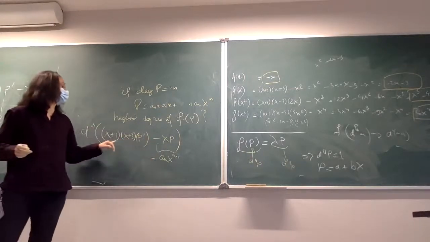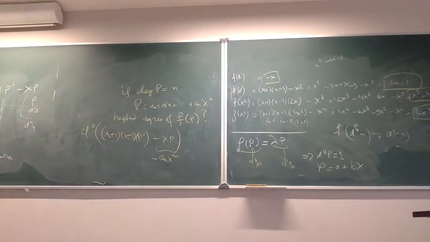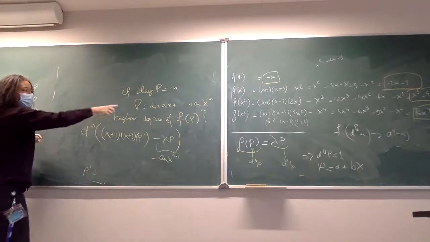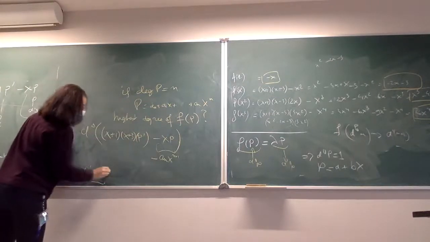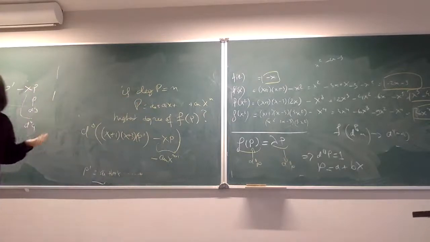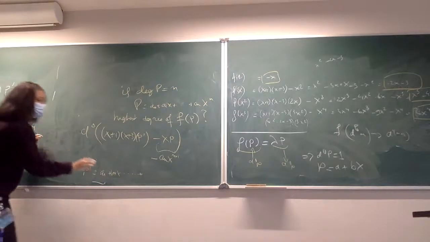What's P prime, if that is P? Yeah, so A1 plus A2x, etc., the last term being n An x^n.